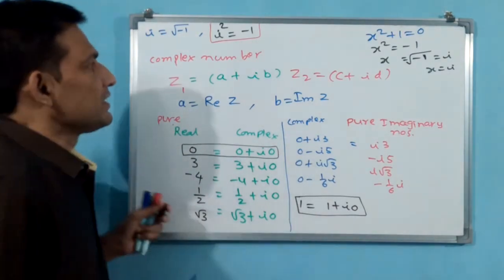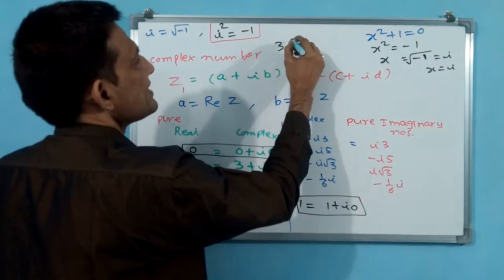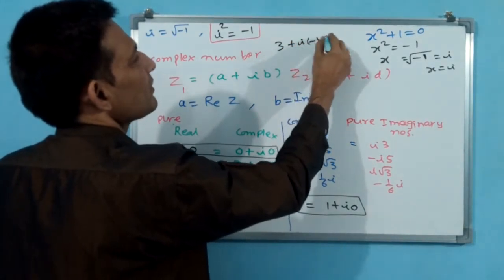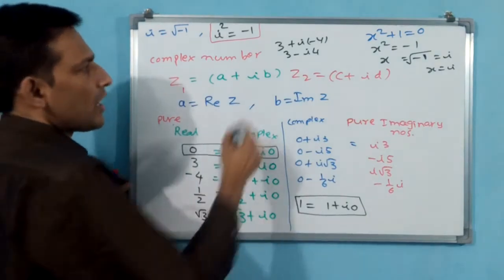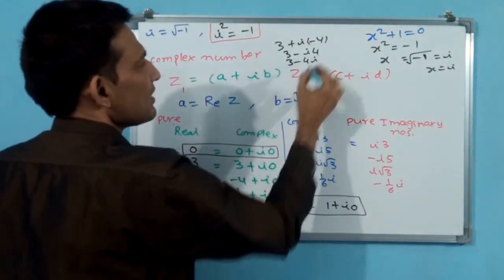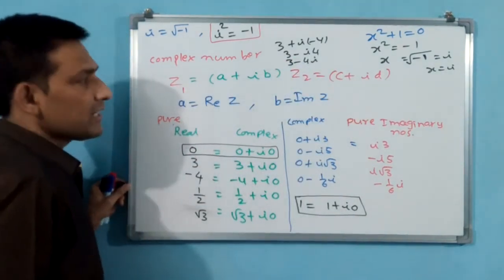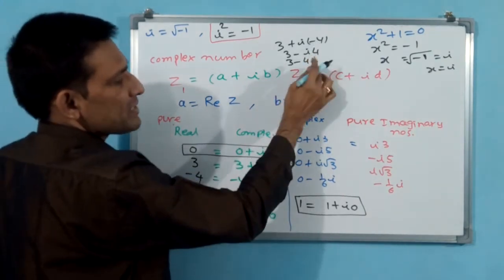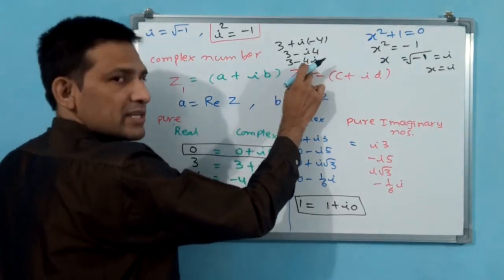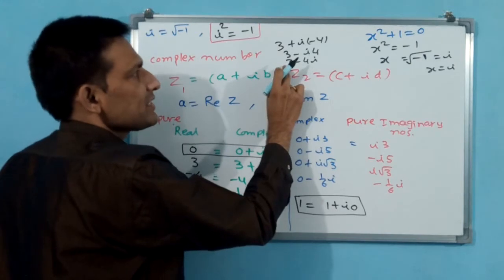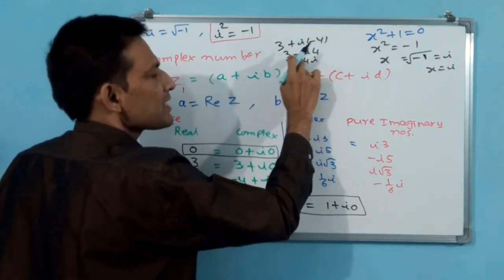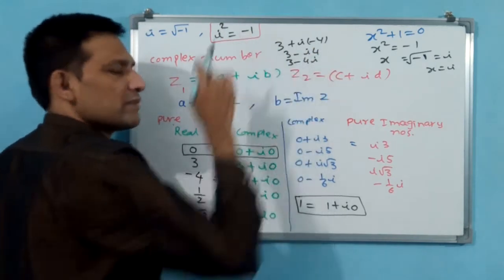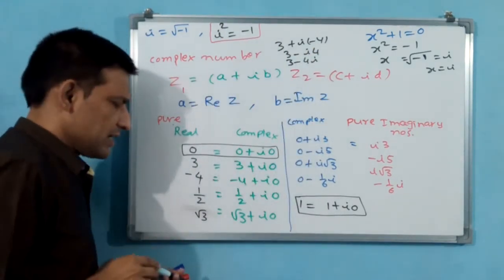You can write 3 plus I minus 4, or you can write 3 minus I4, or you can write 3 minus 4I. Okay. You see minus 4, that means here the imaginary part is minus 4, real part is 3. This minus is transferred. That's all.